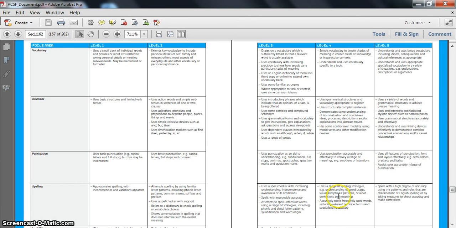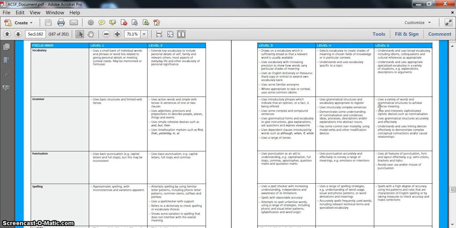When we're looking at the industry expectations, we always look at the highest expectation. So, for example, if your unit of competency expects people to use complex sentences and write detailed reports, I would be expecting them to be at level 4 to 5.